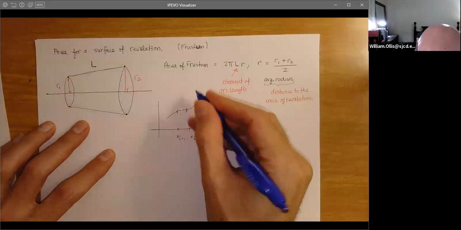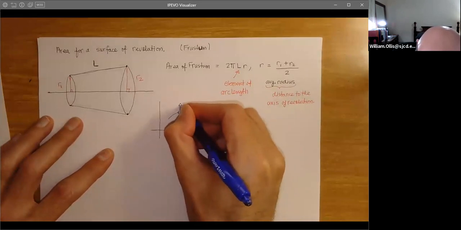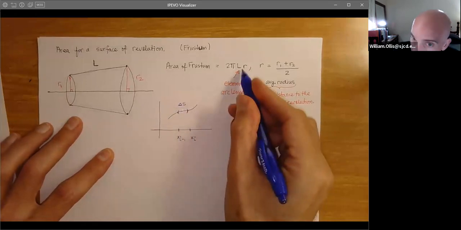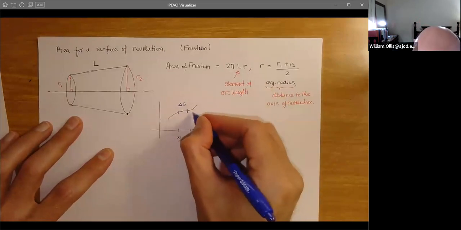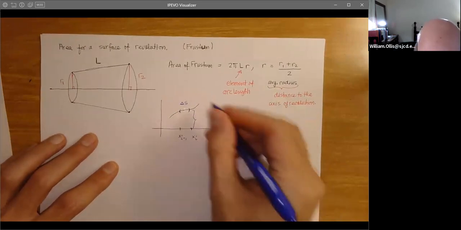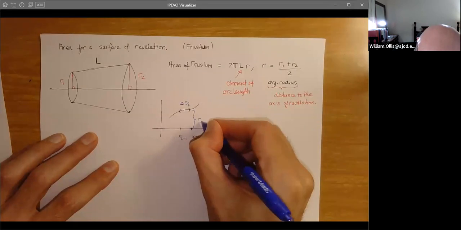The element of arc length will be your delta S, which will substitute for the slant height, so to speak. And then your distance to the axis of revolution.